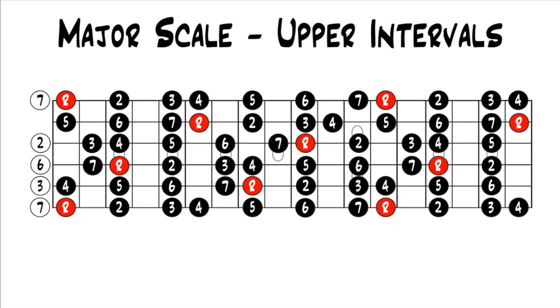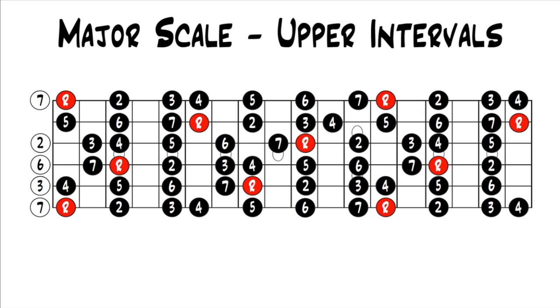So at the beginning we talked about intervals before we were talking about the major scale, and we talked about intervals all the way up to an octave, which is an 8. And then I showed you the intervals of the major scale, which were root, major second, major third, perfect fourth, perfect fifth, major sixth, major seventh, and then back to a root one octave higher, or you could just consider it root, 2, 3, 4, 5, 6, 7.